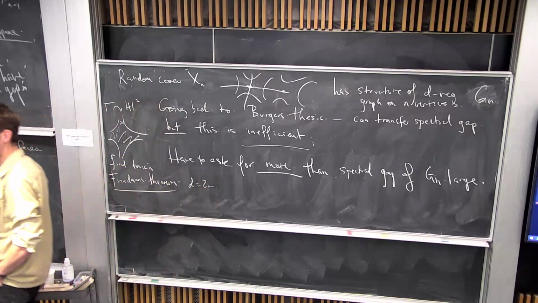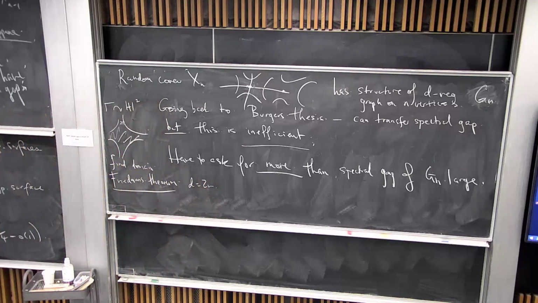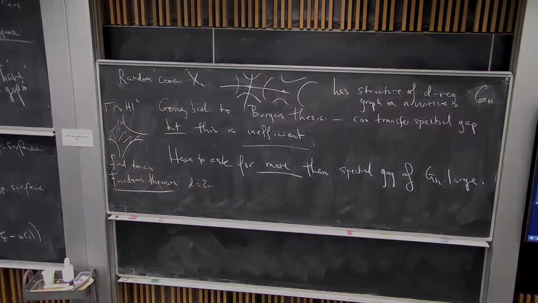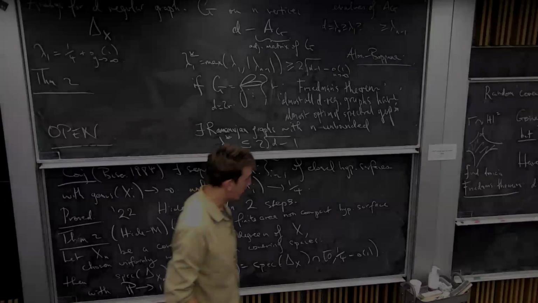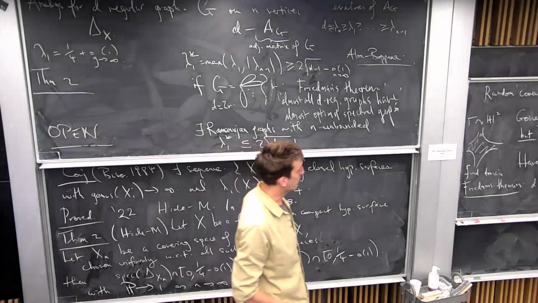Any more questions? You already mentioned this, how is this d? So you have a manifold and you have a graph. What is the number d? d is the number of faces of the fundamental domain for the manifold. It can be any number.